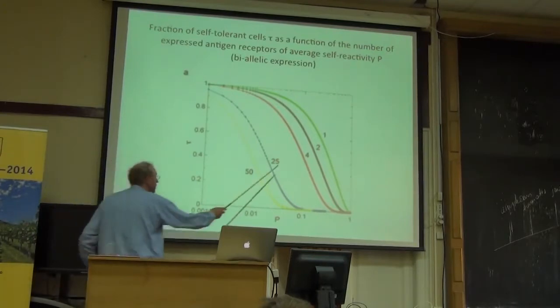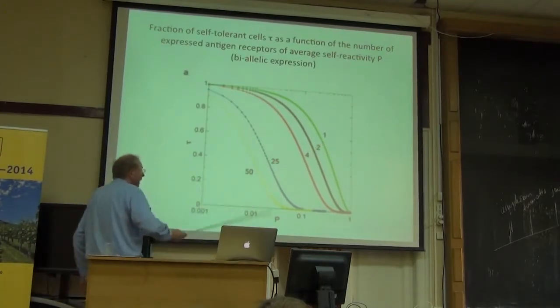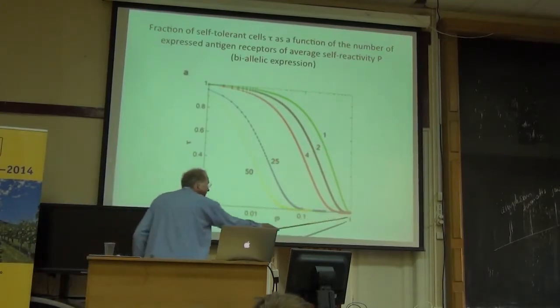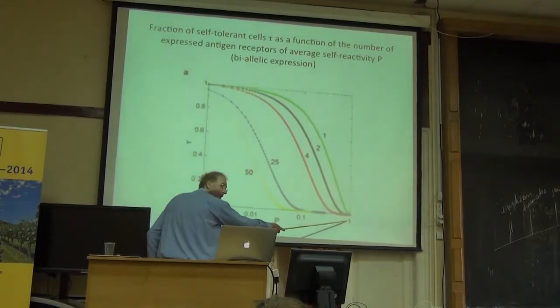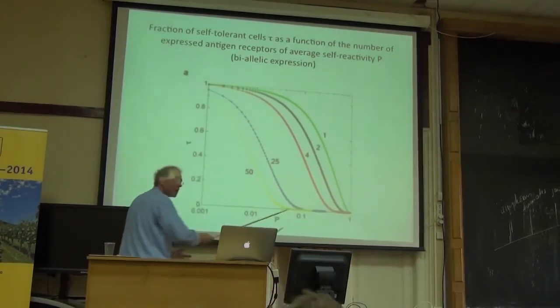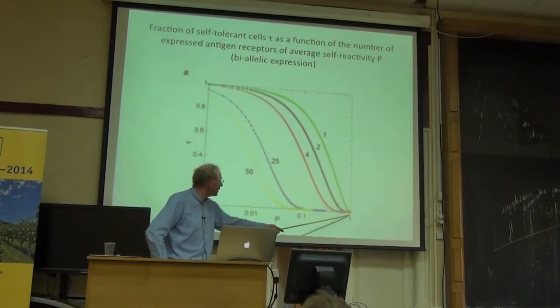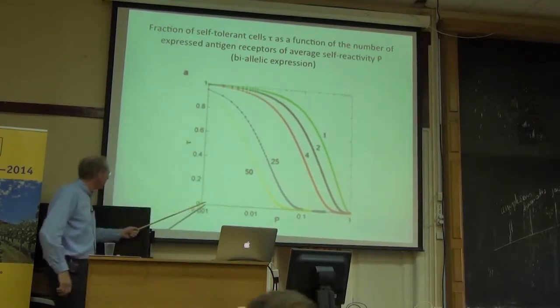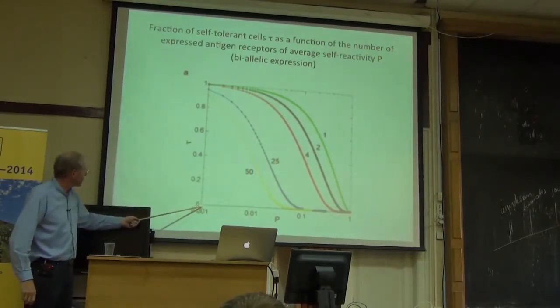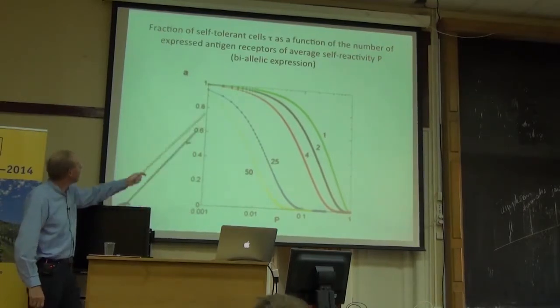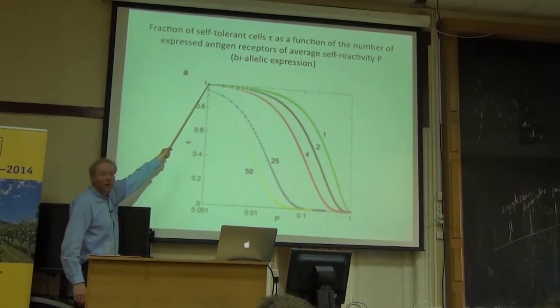So this is this example here. And here is 100% self-reactivity. So there is nothing in the repertoire that is self-tolerant. This is towards 0 probability of self-reactivity. Almost all cells are self-tolerant.